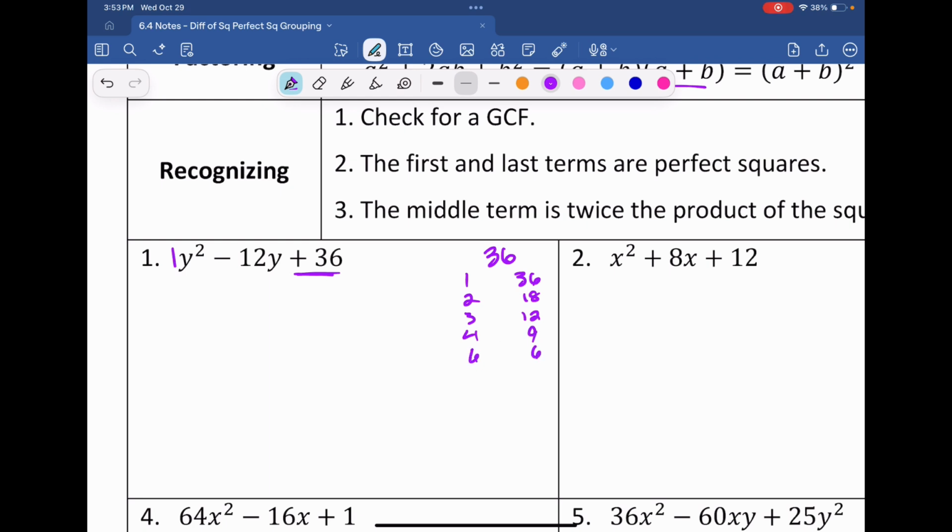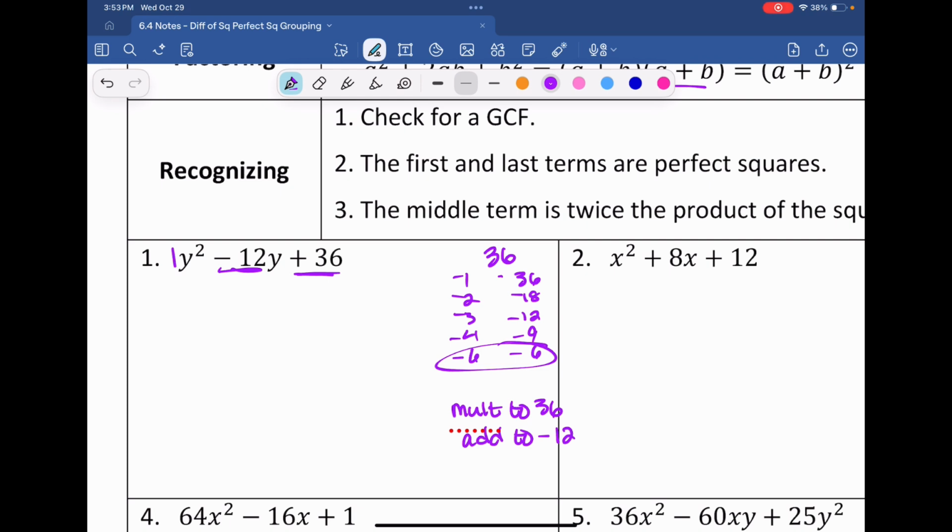Okay, so they have to multiply to 36, but add to that negative 12. So that's a negative positive, so double negative. And there's your factor pair.